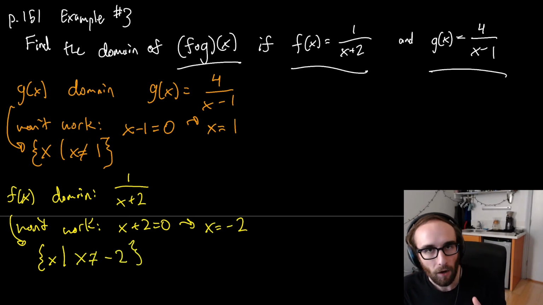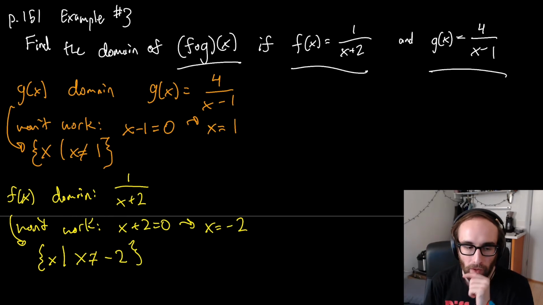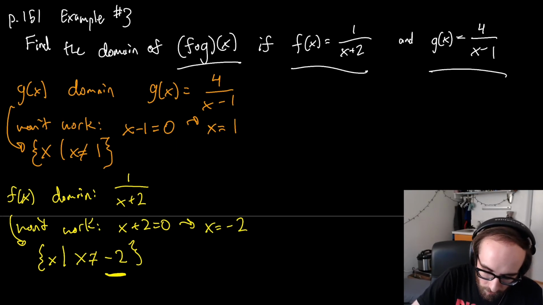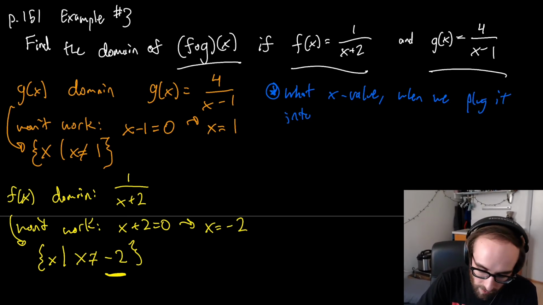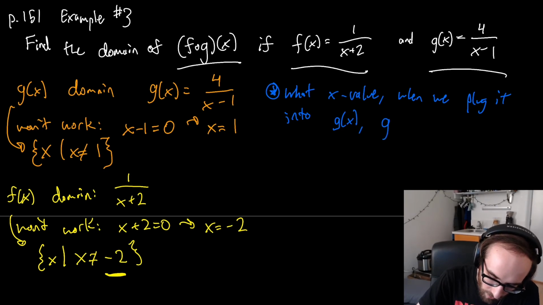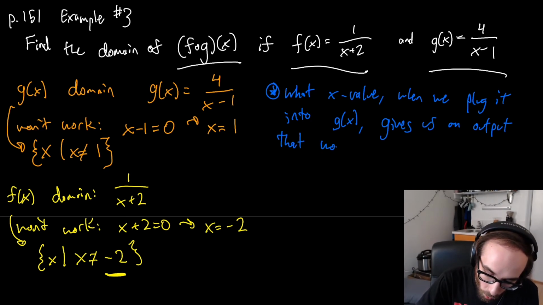Okay, and now what we need to do is think about, so we can't plug in negative 2 into f of x. So we need to think about what x value, when we plug it into g of x, gives us an output that won't work in f of x.